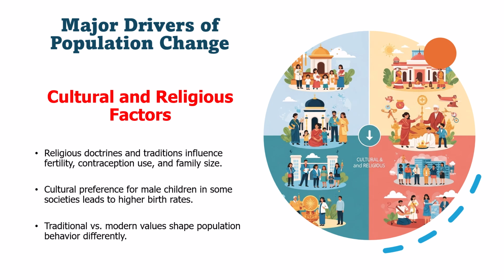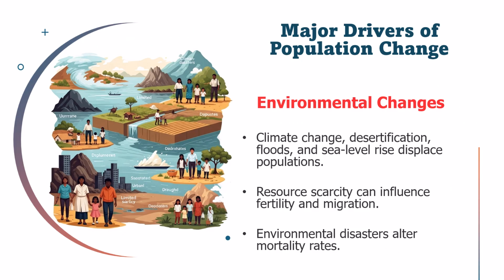These contrasting influences create diverse demographic outcomes across regions and highlight the strong role of culture in population dynamics. Talking about the impact of environmental change, which is becoming an increasingly important driver of human population dynamics, such as climate change, desertification, floods, and sea level rise, which are displacing communities and forcing large-scale migration, often from rural to urban areas or across borders.